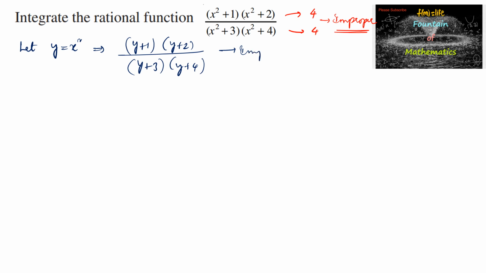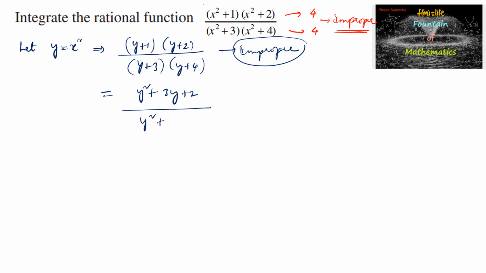Since it is an improper fraction, we need to go with the division. So (y plus 1)(y plus 2), that is y square plus 2y plus y, that is 3y plus 2, upon y square plus 3y plus 4y, that is 7y plus 12. Let's go with the division. y square plus 3y plus 2 divided by y square plus 7y plus 12.